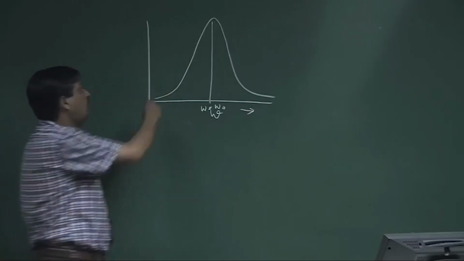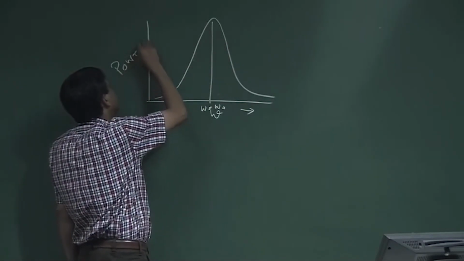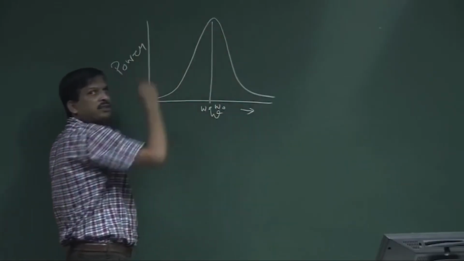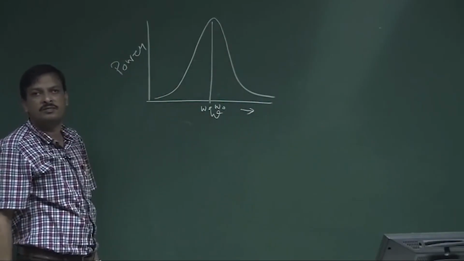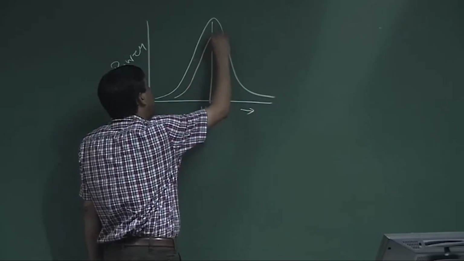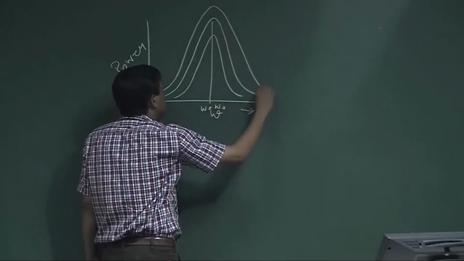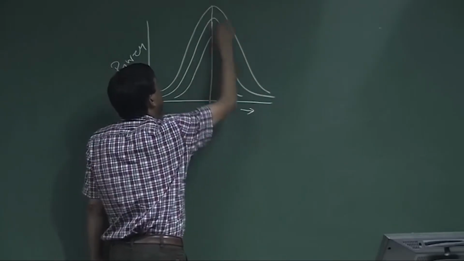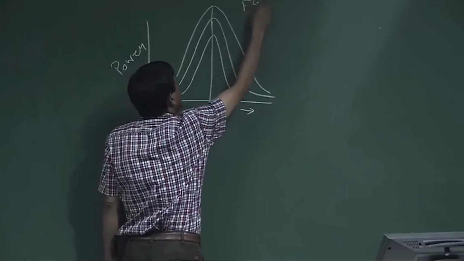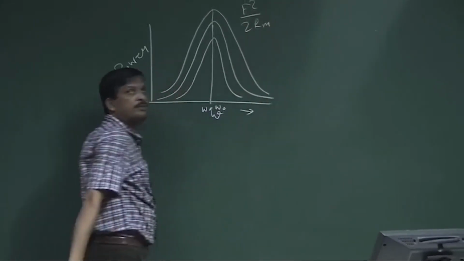This is called the mechanical resonance curve. Different kinds of resonance curves I will get. The maximum power is F square by 2 Rm.